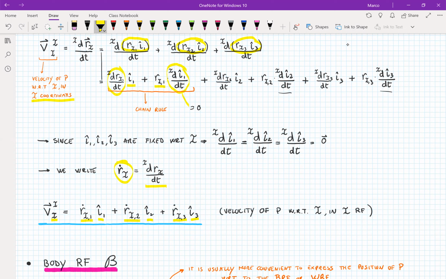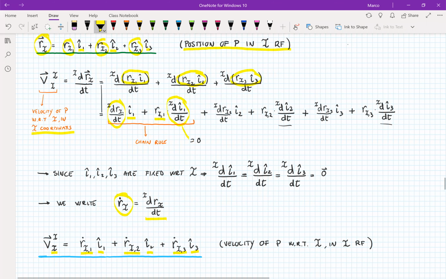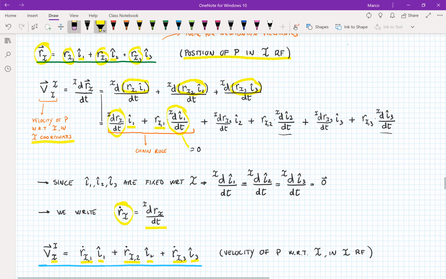Technically, you could have just put a dot over the position vector, and you would go from the position to the velocity vector. But it's a little bit more sophisticated than that, so we had to go through all these steps.